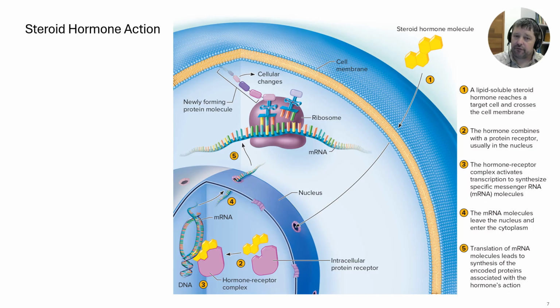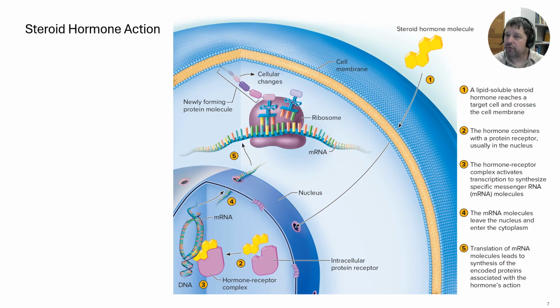That messenger RNA then leaves the nucleus, gets back into the cytoplasm, and then while it's in the cytoplasm, it can start forming a protein, a specific protein that's associated with that hormone. This is the process of transcription, making RNA strands. Translation is taking that RNA strand and translating it into a protein. Pretty simple stuff.